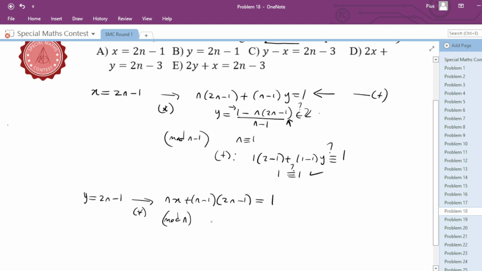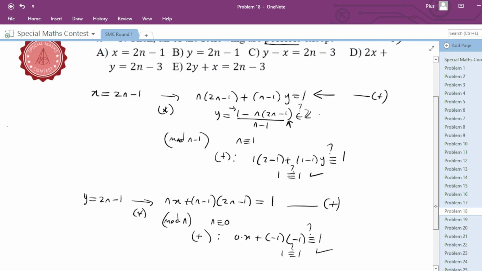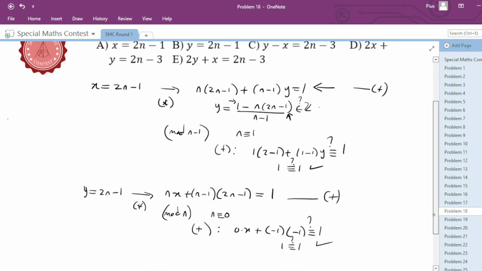So mod n here, n is congruent to 0. So if you call this plus, then from plus we get 0 times x plus minus 1 times minus 1 congruent to 1. And we see that this time around is also always correct. So that means it's possible for A and for B.